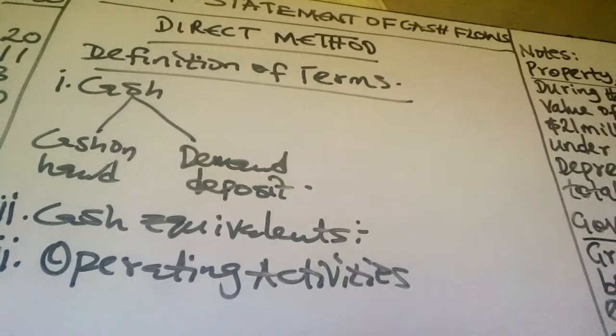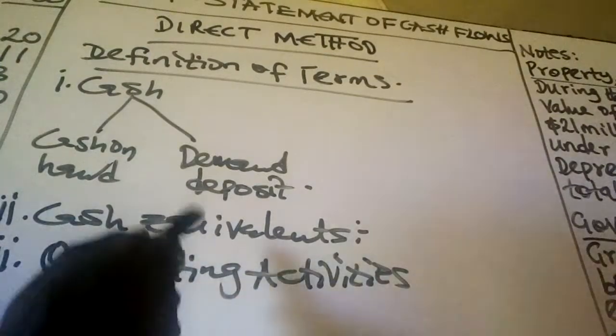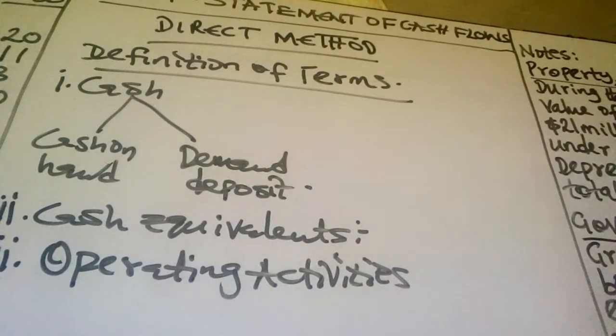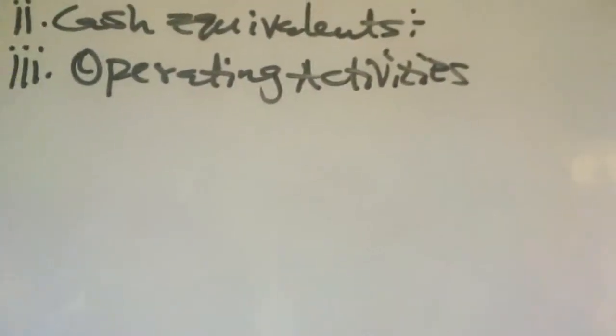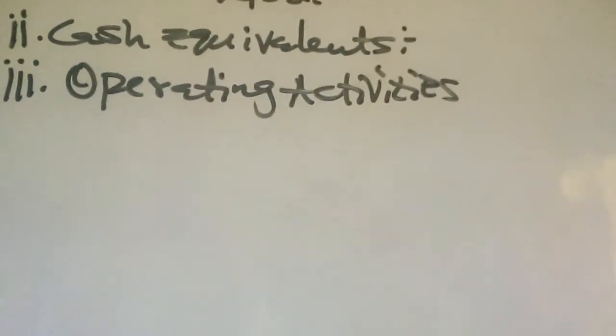They are the activities that arise in the normal course of business. That is operating activities.